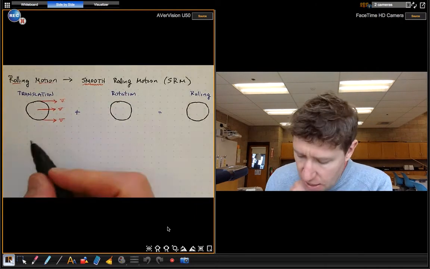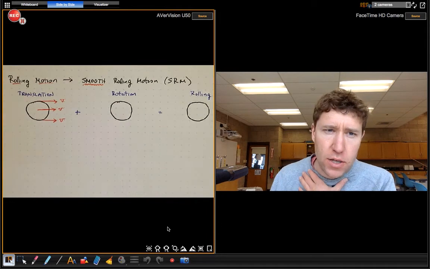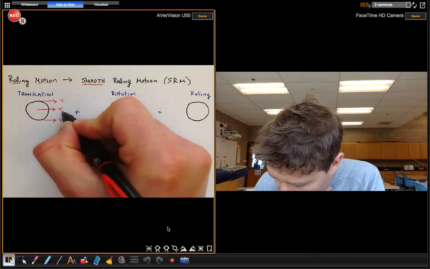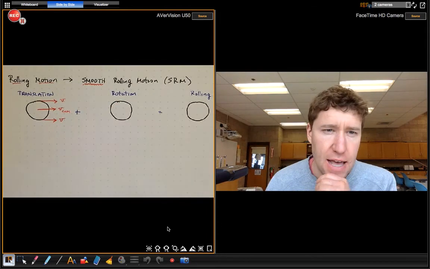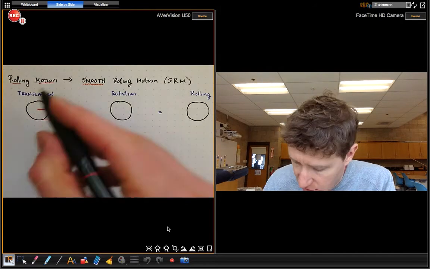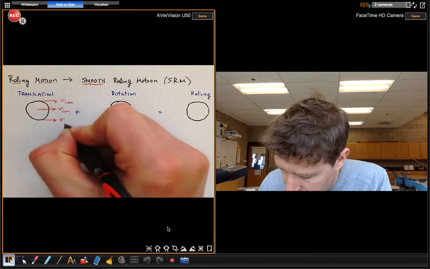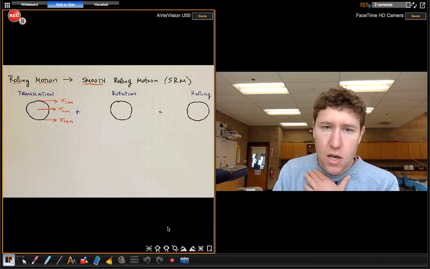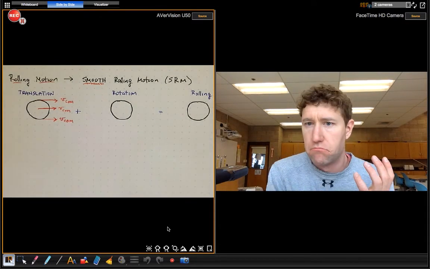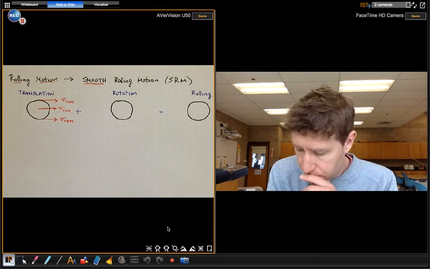In other words, the velocity of every single point on the hoop would be the same as the velocity of the center of mass, because it's not spinning, it's simply sliding.